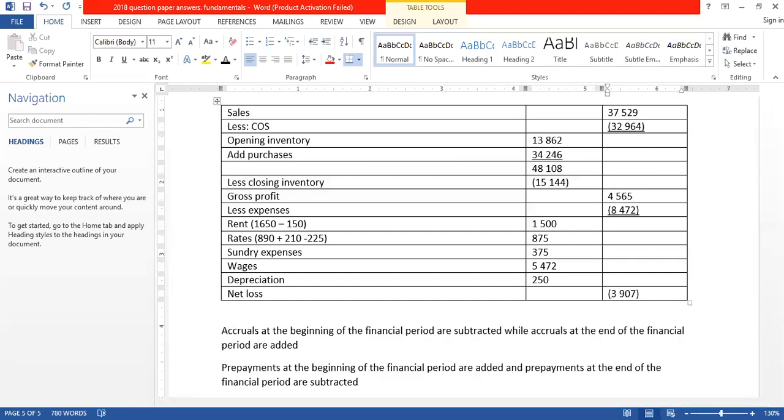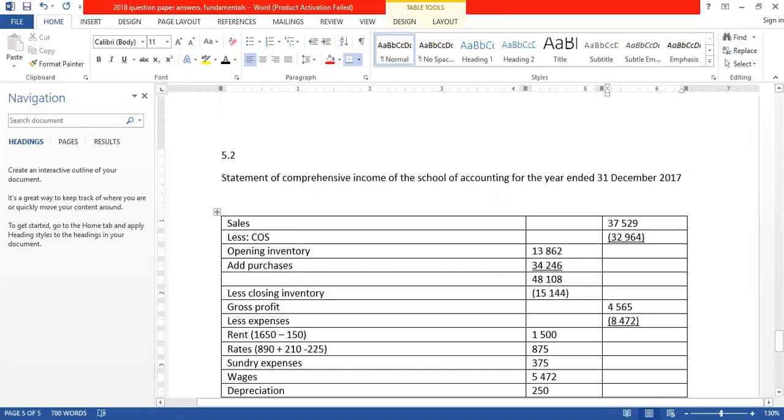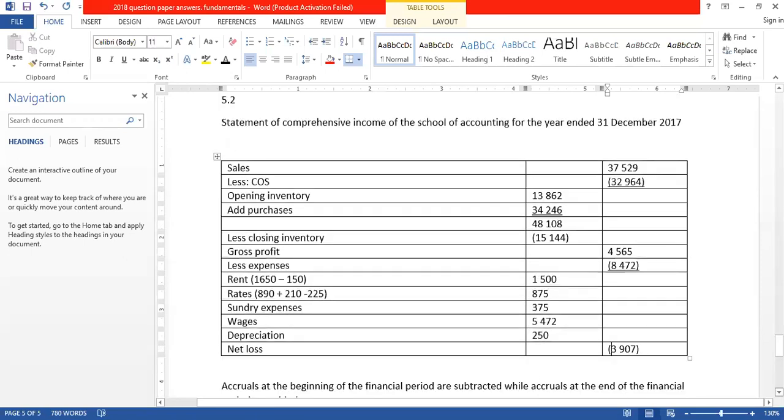Okay, so that was the end of question 5.2 of our statement of comprehensive income. So what you do is you had your sales amount. It's just the normal income statement that you usually draw, which is sales less cost of sales, and then you get your gross profit, and then from there you add all your other income. But in this case we had no other income, so we less all our expenses.